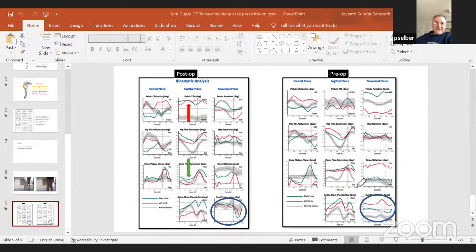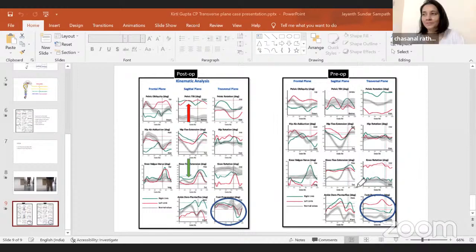Yes, sir. So just a little observation, which I have seen over past few years, that kids who walk with such a dynamic adduction at the knee, most probably their gracilis is more tight as compared to the semitendinosus and semimembranosus. And if I had to do this, I would probably shorten the femur while doing the derotation and just lengthen the gracilis and not touch the semitendinosus and semimembranosus.